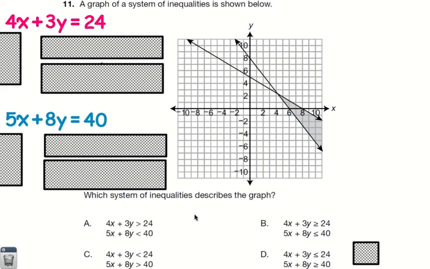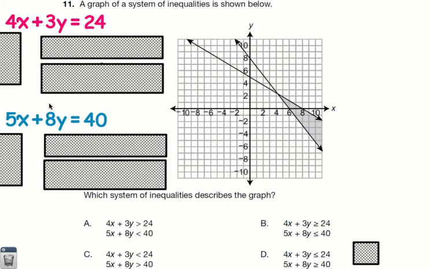So what you are probably going to have to do, and the good news is that all of these systems match except for the symbols, less than or greater than, less than or equal, greater than or equal.